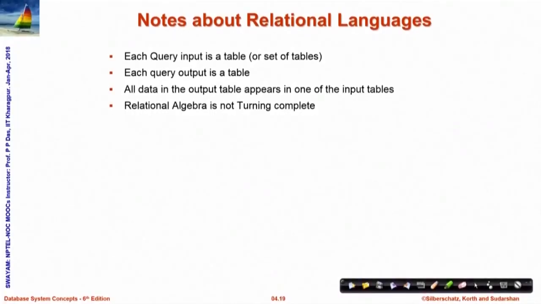Again, relational algebra is not Turing complete, in the sense that there are algorithms which cannot be coded in relational algebra. We mentioned this earlier too, and that is a foundational reason why commercial SQL, which is based on relational algebra, is not Turing complete either.